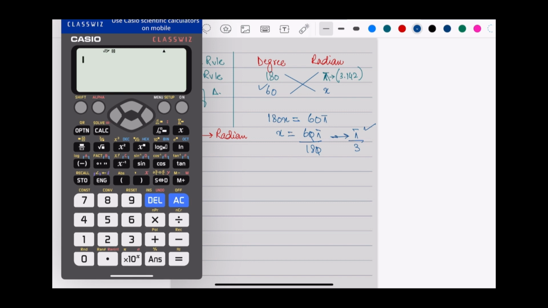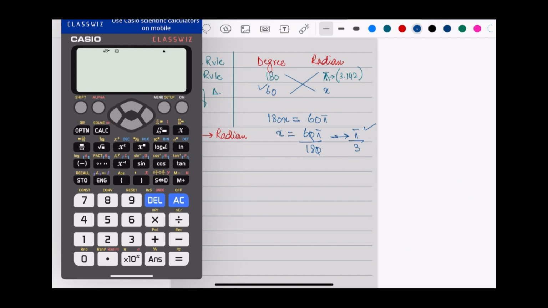The calculator version that I'm using is FX991EX, and press shift, press mode. Now you can see the angle unit, press 2, and then to convert it, press 2 again for radian, and as you can see there is a small r on the top of the screen which shows that the calculator is now in radian mode and I'm safe to do my calculations.